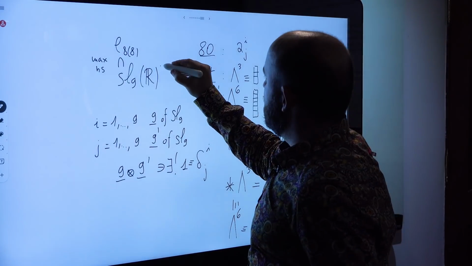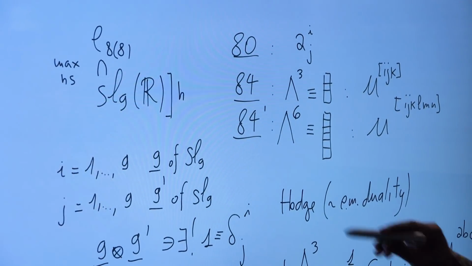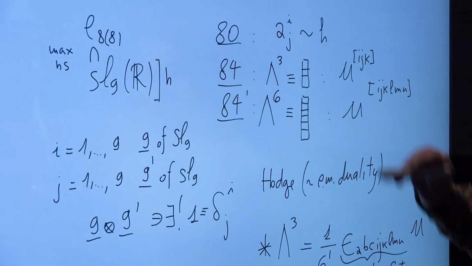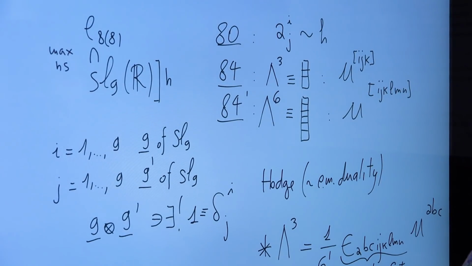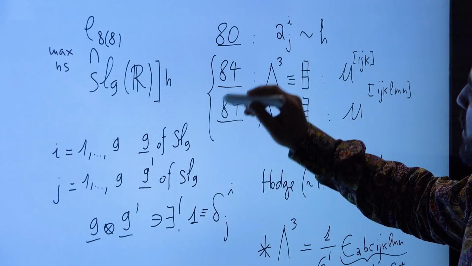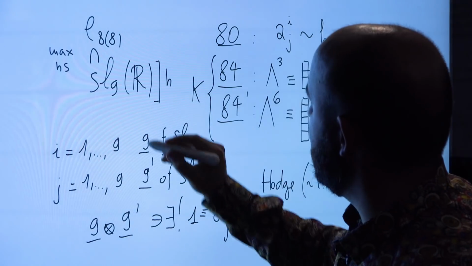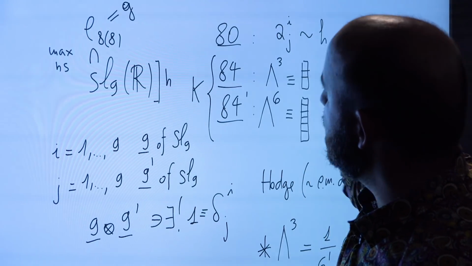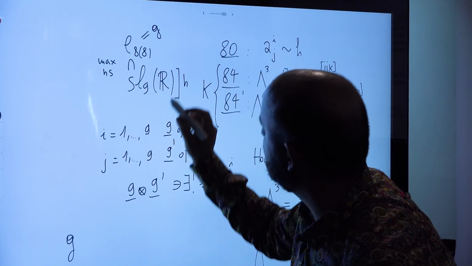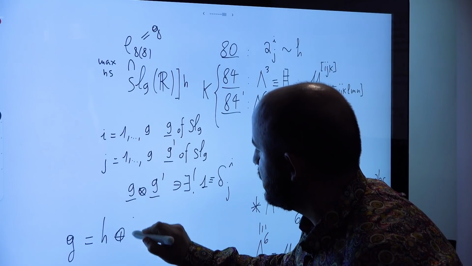Let's call this H, so essentially the set of generators of SL(9) is given by H. And let's call essentially this set of generators K. So what we have in general is that, let's call this G, the algebra G. So we have a Cartan decomposition of E8(8) such that G is equal to H plus K.